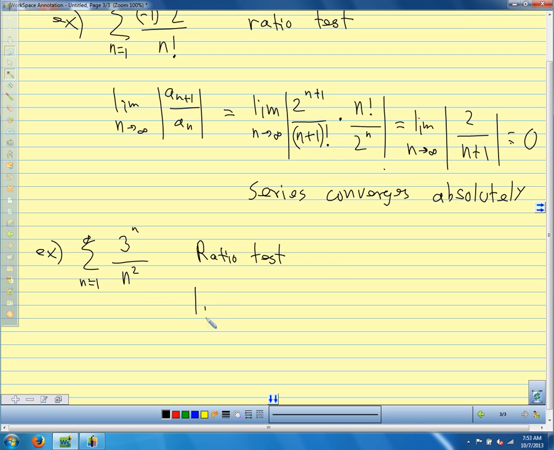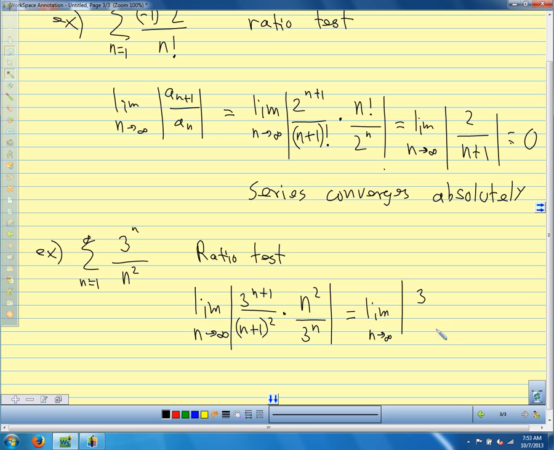So we're going to look at the limit as n approaches infinity of 3 to the n plus 1 over n plus 1 squared times n squared over 3 to the n. And what does this simplify to? Three.